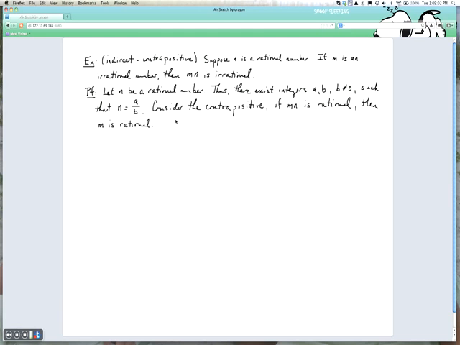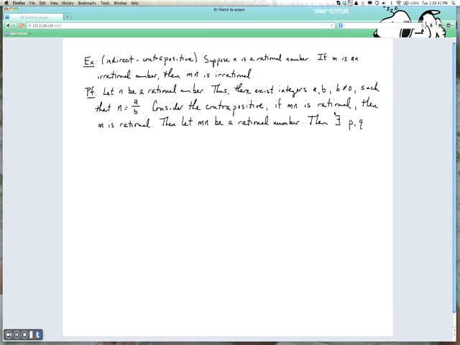Okay? So we are then going to let mn be rational. Which means I've got two more numbers. How about p and q? And I'll start to use a little bit of this notation.